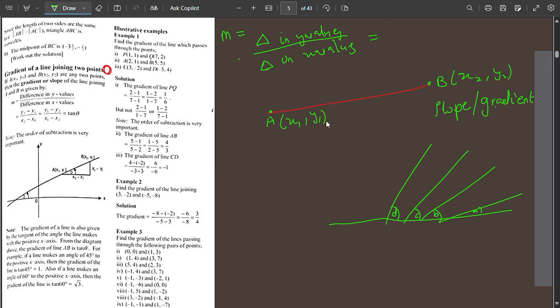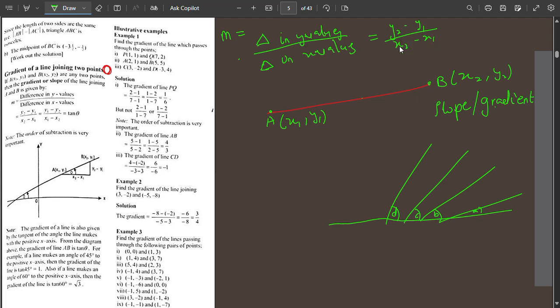I can choose to use y1 first or y2 first. Any of them you choose, it's still correct. So let's use y2 minus y1 all over x2 minus x1. You can also make it y1 minus y2.